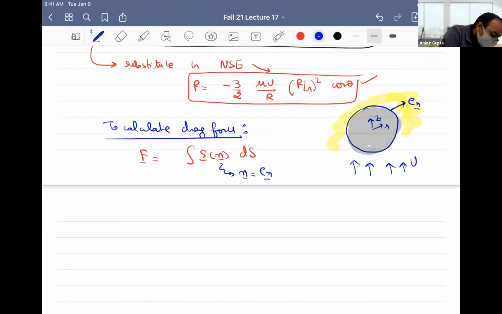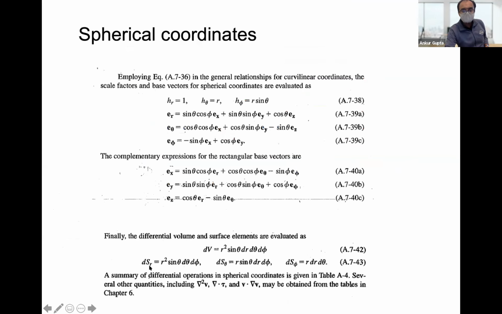How will I find dS? We've done this several times now: you look for the coordinate that is constant. So what is constant on the surface of the sphere? R, capital R. So we choose this because r is constant.